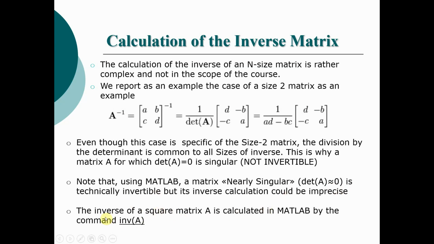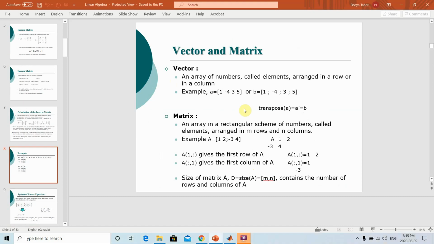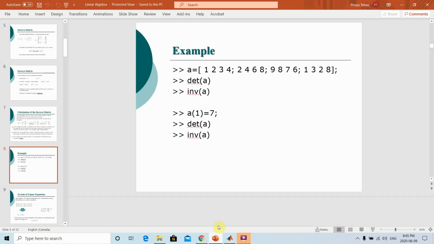And I mentioned already that the inverse of a matrix can be calculated using the INV function. Here you see an example. I'm just going to use the command window. A is equal to, sorry, let me see if I can copy paste this.